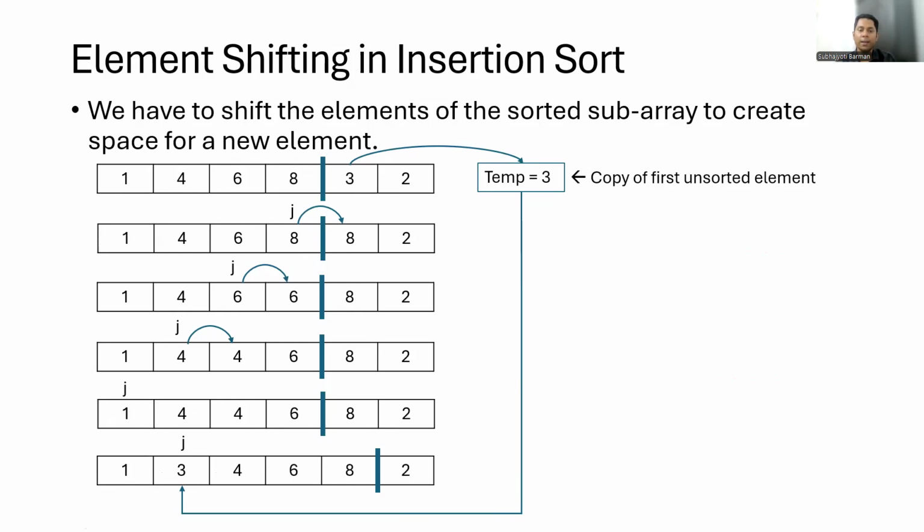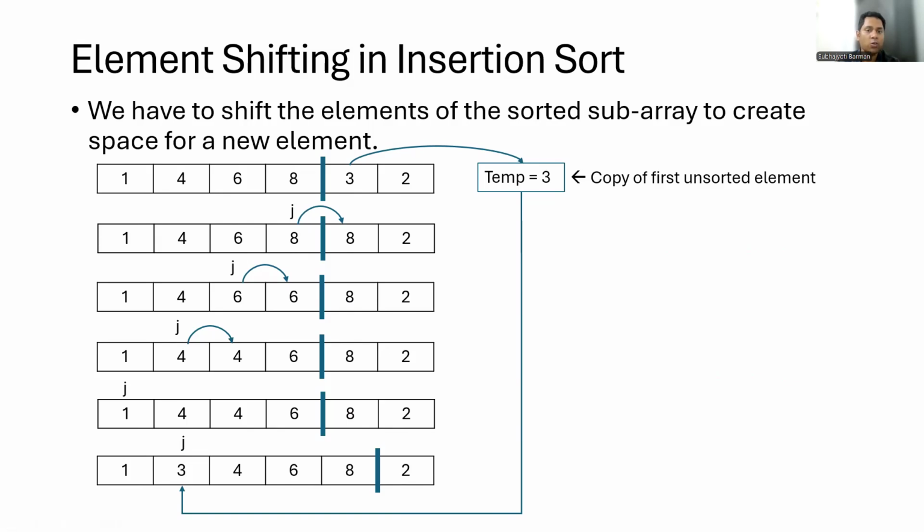So in my left hand subarray, or my sorted subarray, we now have 5 elements, and in my right hand subarray, or my unsorted array, there exists only one element. If we repeat this same process, then we can place this element 2 also in its correct position.